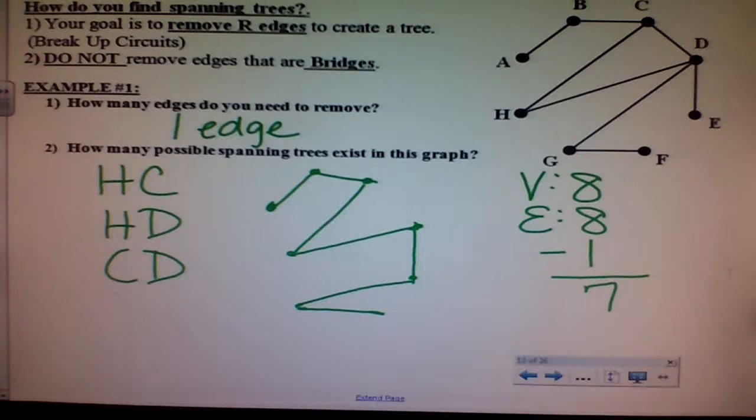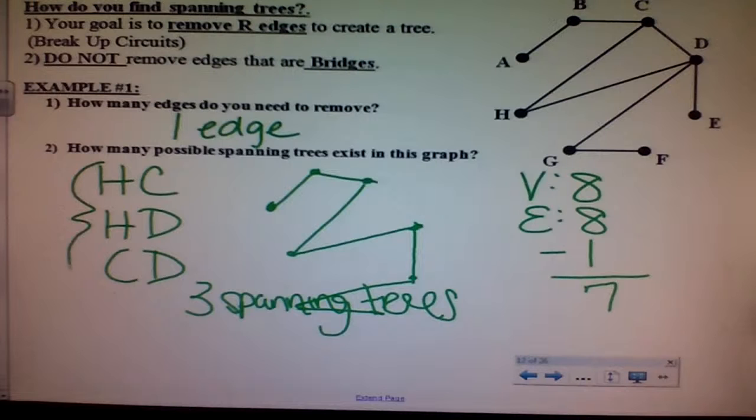How do we know that though? There are 3 spanning trees. What do these 3 edges do? They're all connected, so they are a circuit.